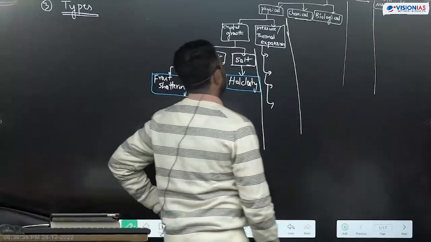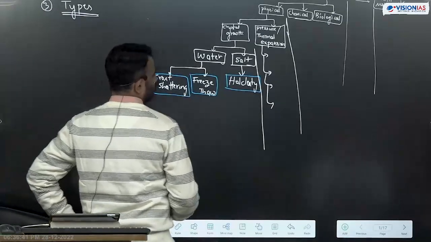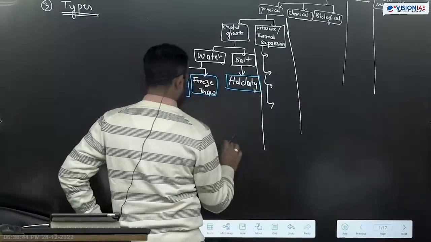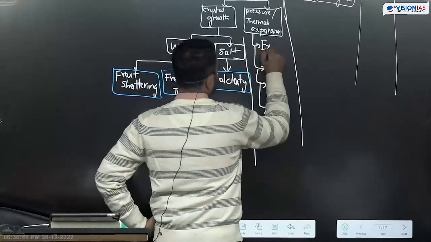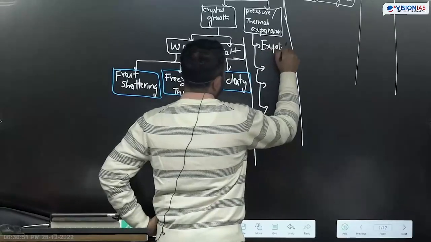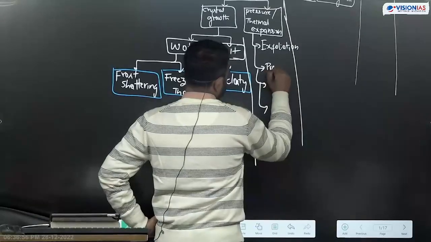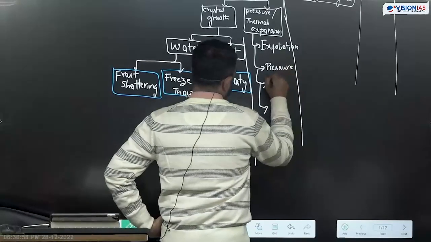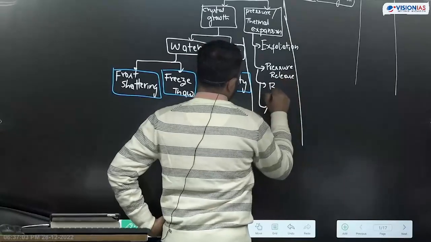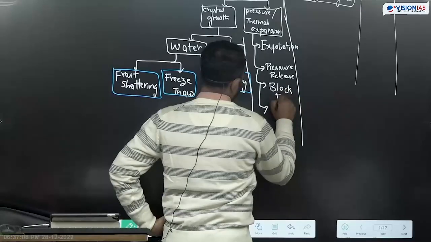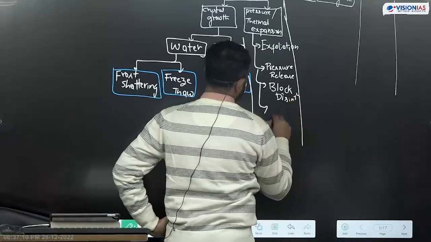In case of pressure or thermal expansion, we have 4 categories. One is exfoliation. Second, pressure release. Third, block disintegration.